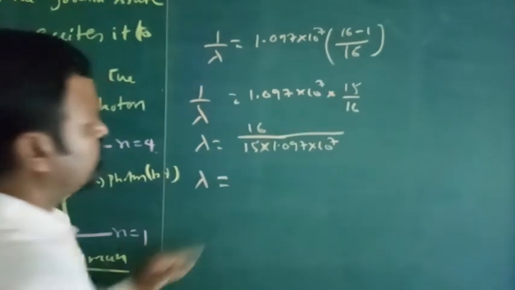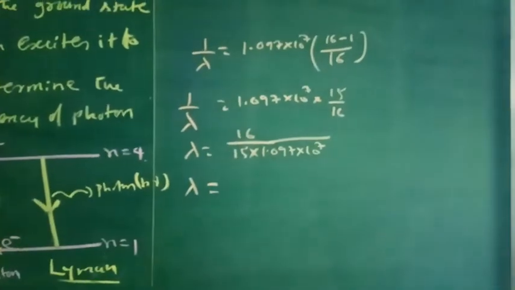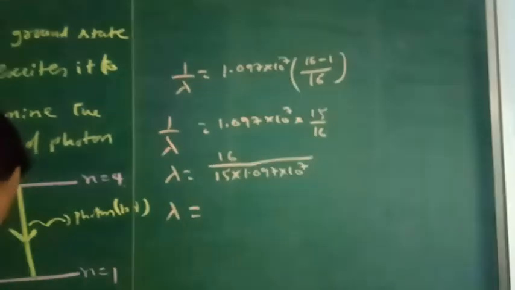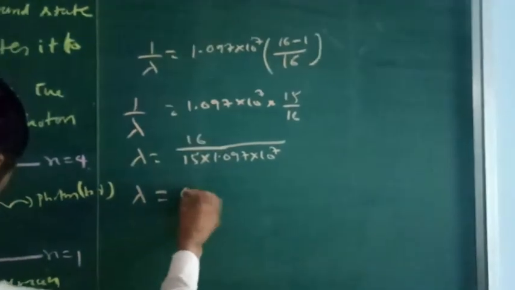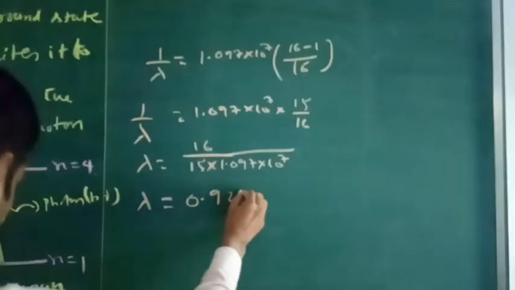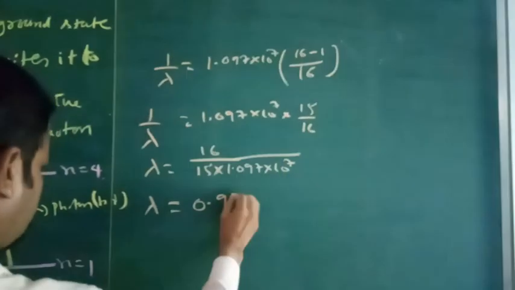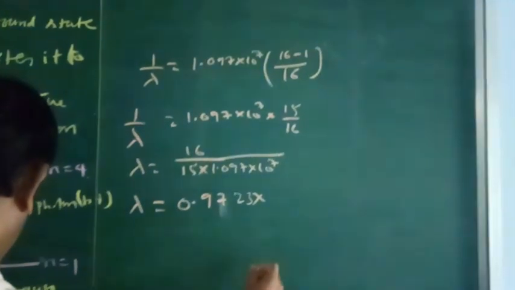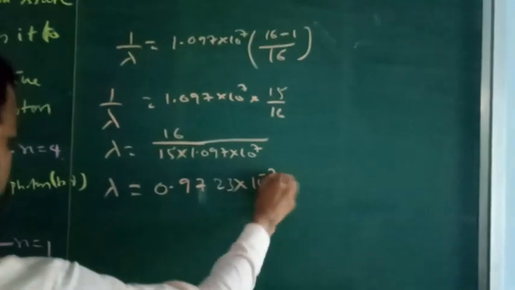Calculating that with a calculator, finally we get 0.929723 into 10 power of minus 7 meter.